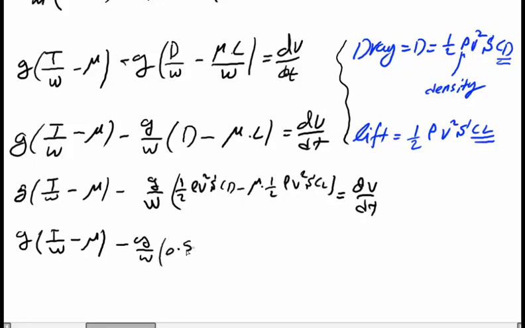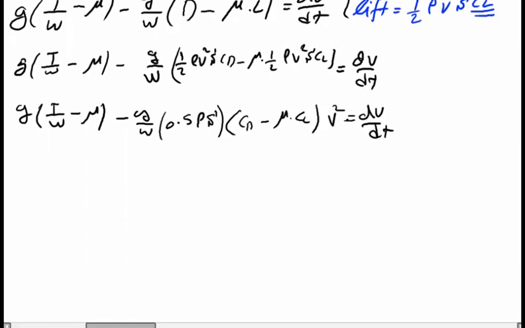Half rho S, Cd minus mu times Cl, times V square, is equal to dV/dt. If you see here, this is a coefficient during the first segment of the takeoff phase.